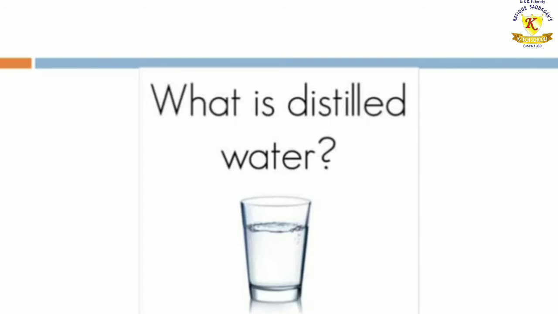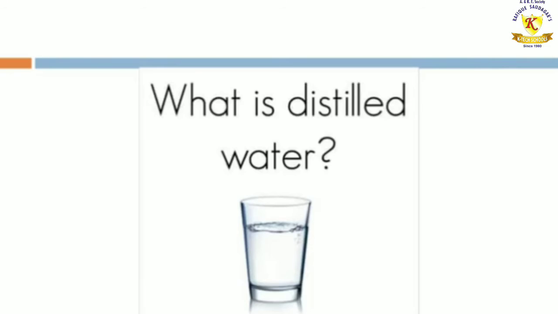Now children, do you know what is distilled water? We know that distilled water is tasteless. First, children, let me tell you how distilled water is formed. If we boil water continuously, it will get converted into vapor, right?